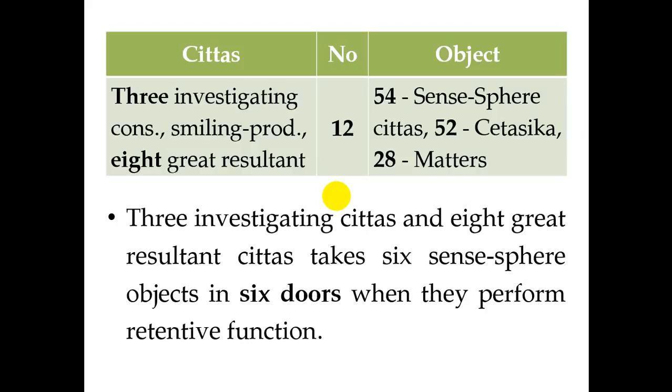So the point here is, we have to divide into 2 categories: the first 5 doors and the mind door, right? Make it 2. When we talk about the first 5 doors, the 3 investigating consciousness perform the function of investigation as well as retentive, right? They perform 2 functions. When we talk about the mind doors, the 3 types of investigating consciousness do not perform the function of investigating.